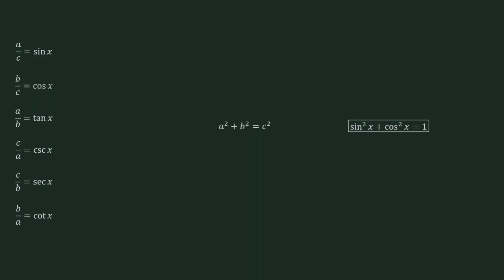But how? First, as you can see, we have a value of 1 on the right side of this equation, and we have here c square. For c square to be equal to 1, we have to divide both sides by c square. So we are going to divide both sides by c square.